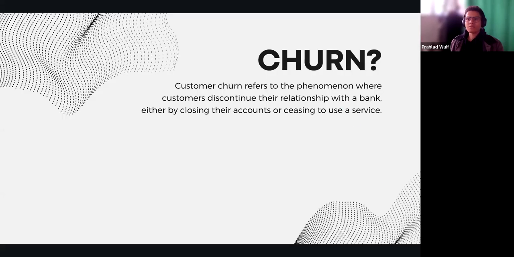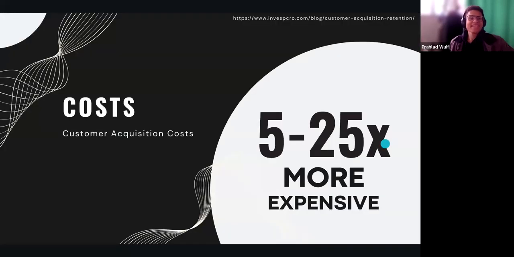Most of us might know what customer churn is, but it refers to the phenomenon where a customer discontinues their relationship with a bank, either by closing their account or ceasing to use the service. It is widespread and it costs a lot of money.